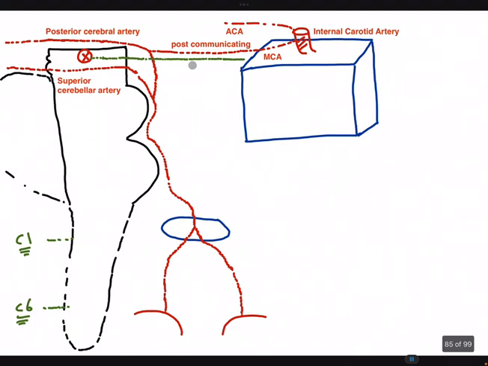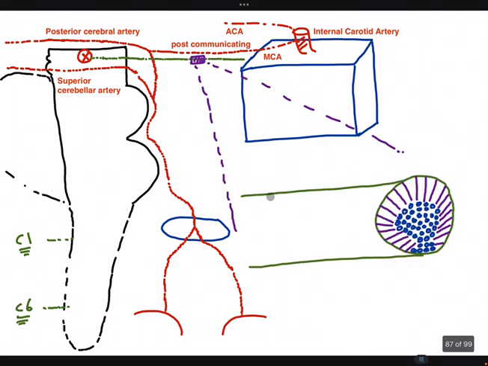To answer these two questions, we need to study the microanatomy of the oculomotor nerve. We need to remove a piece of the oculomotor nerve, and we put this piece under the microscope so we can see the anatomical arrangement of the oculomotor nerve fibers. So assume we cut the oculomotor nerve and we remove this piece and we magnify it so we can see the fiber arrangement.